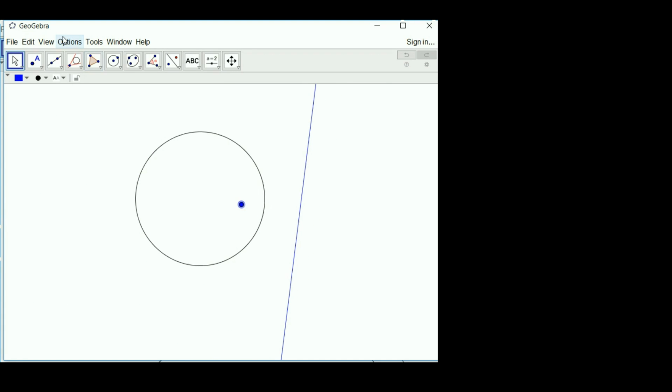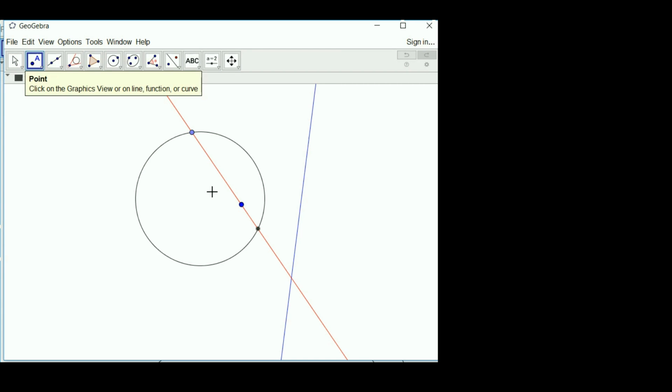I'll just show you very briefly how you can work out the polar of a generic point such as this interior one. Just draw any two lines through the point that meet the conic. They're going to meet the conic at 4 points.